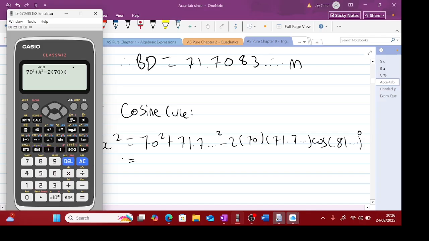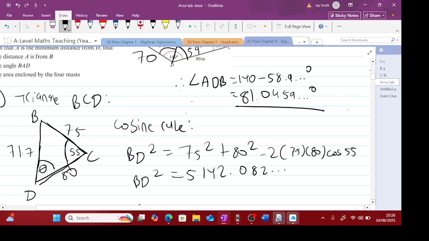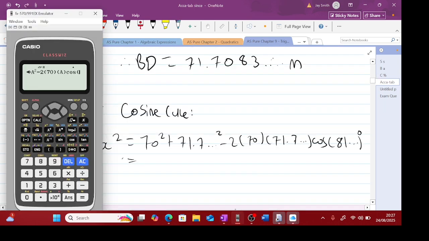Then again, 71.7 is that A, that large decimal is stored. And then the cosine of this angle 81, but again, it was this large angle here, ADB, which I stored as C. So then I need to access the red mode again and go to the red letter C. And so there we are then.